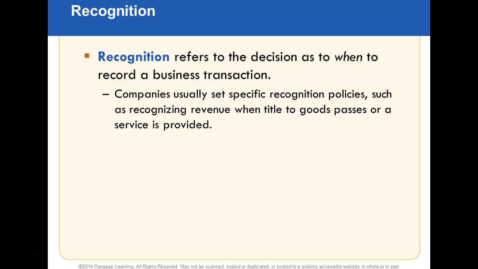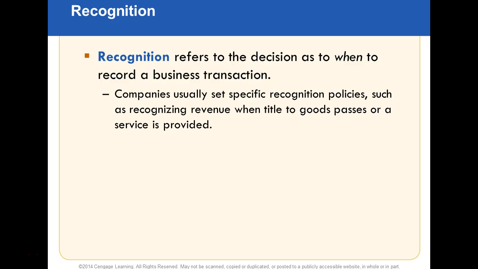Do you think Macy's shows that income right away when I order it? Probably not. Not until it's being delivered to me. When the title of that couch transfers ownership from Macy's over to me, can you recognize income? We're going to get into all those specifics, but we'll be able to determine when we recognize things.